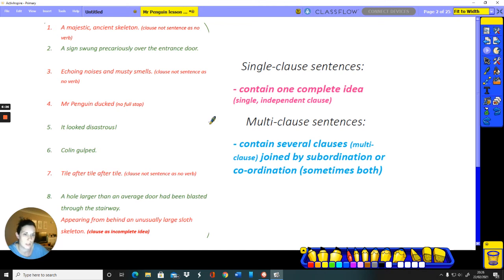Now, subordination is a fancy word for the conjunctions that we use to make subordinating clauses, and coordination is a fancy word for the conjunctions we use to join two sentences together. And we use the words and, or, but, or so. And then for subordination, we might use whilst, or when, or because, or if.